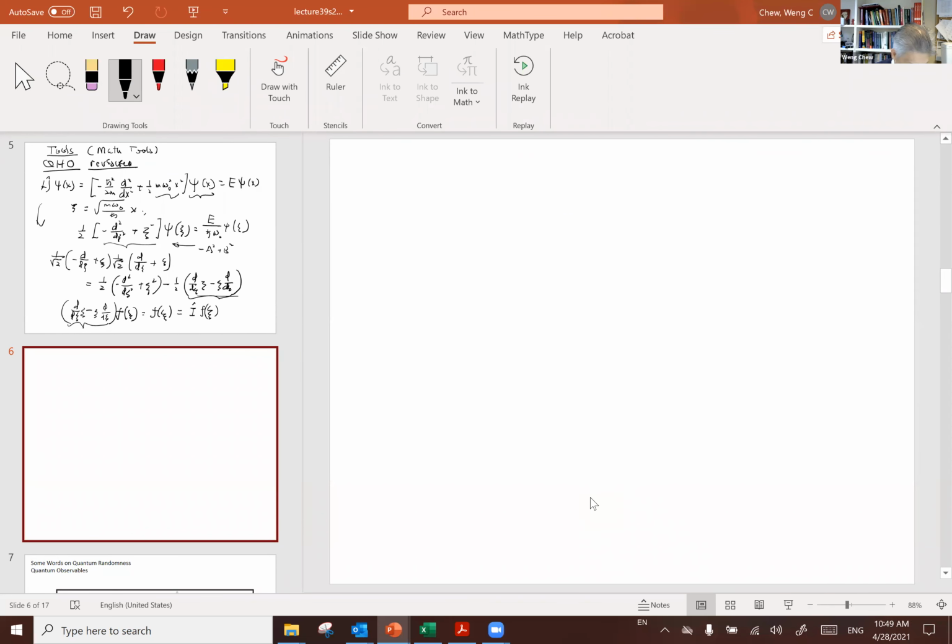Hence, I can write my Schrodinger equation in the normalized coordinate system, plus xi squared, as equal to these two factors that I was hoping to have.